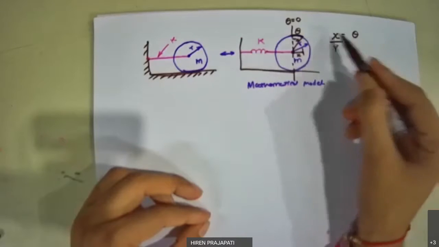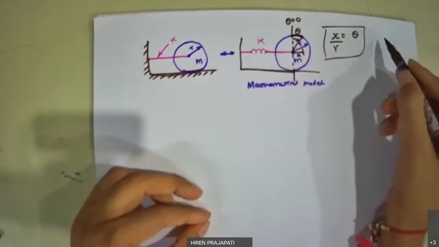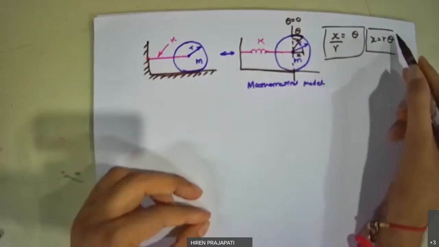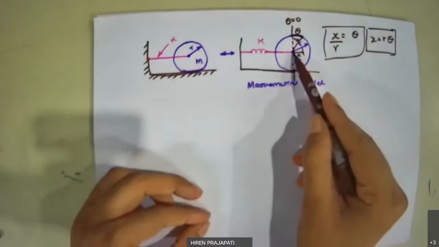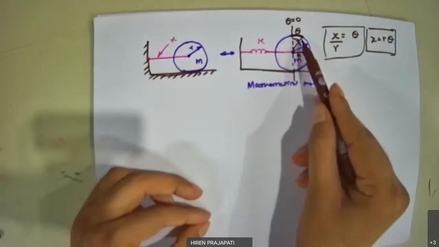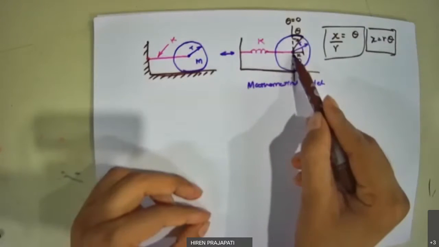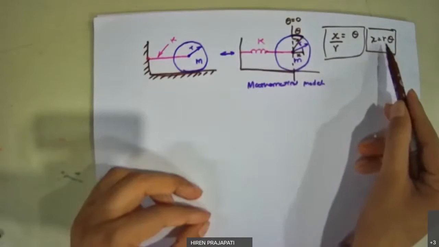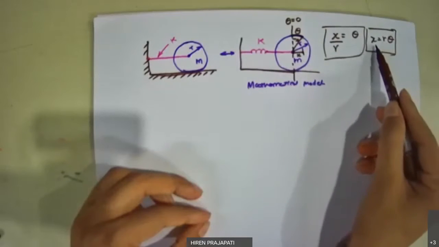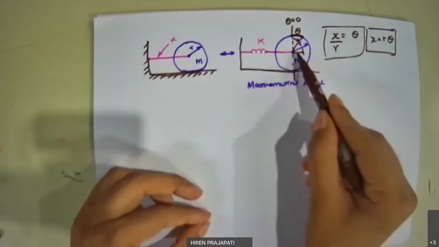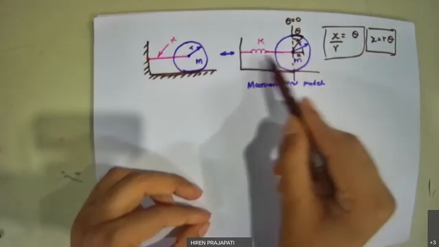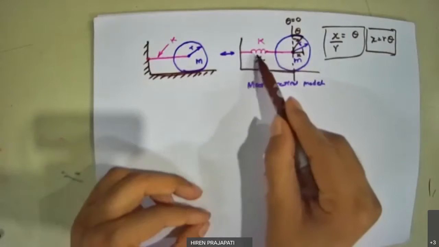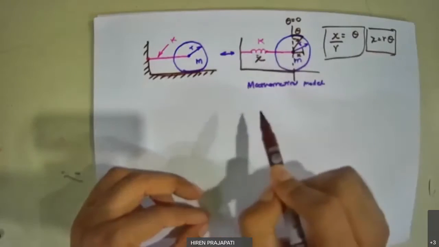From this I get x equals r theta. So when you rotate the disc by theta, the center of the disc shifts by distance x, represented by r theta. If this is the movement of the disc center, then the spring will also elongate, or stretch, by the same distance x.